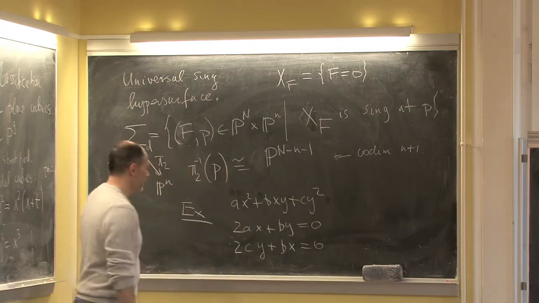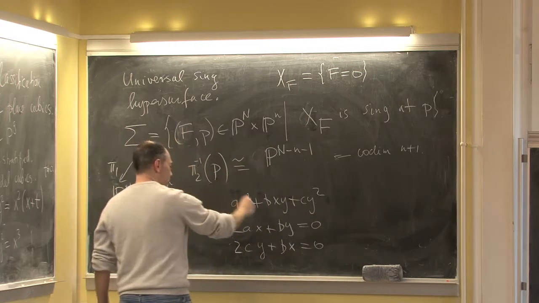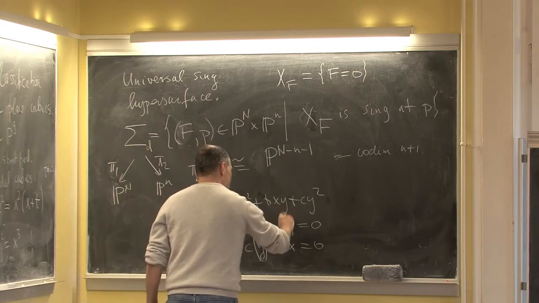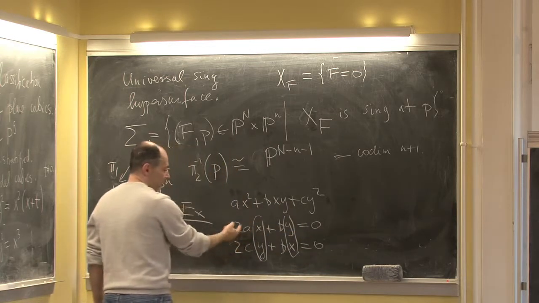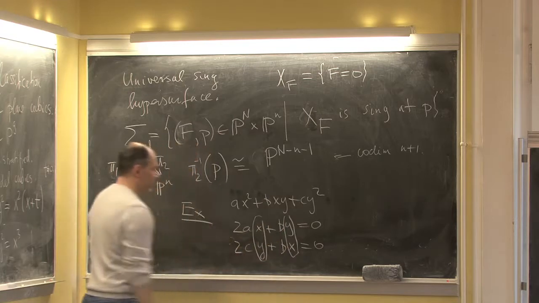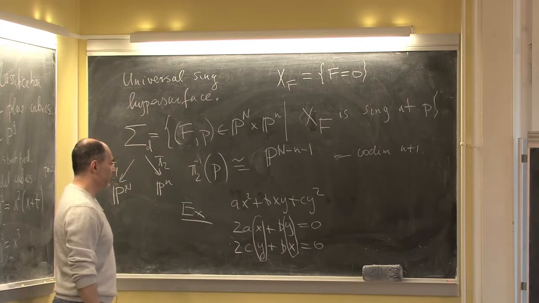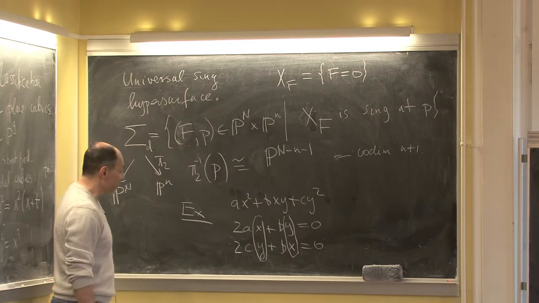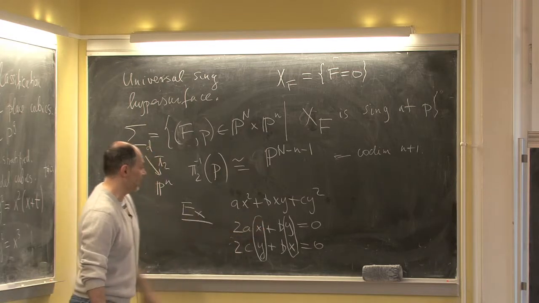And so the idea is that now we fix P, so we fix these elements here, and so then these are obviously linear equations for the coefficients a, b, and c.